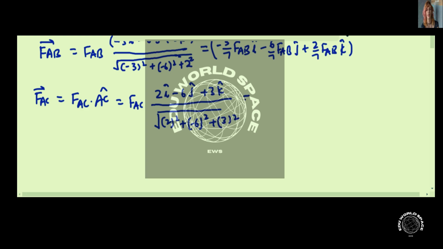So by solving, this can be written as 2 by 7 FAC i cap. Sorry, it would be minus 6 by 7 FAC j cap plus 3 by 7 FAC k cap.